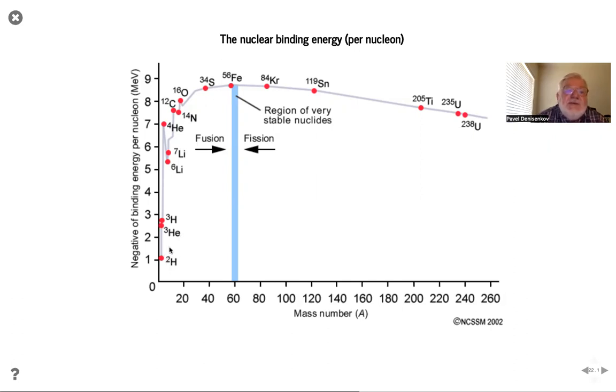Then on the main sequence, we have hydrogen burning, which makes helium-4. Most of the energy, as you can see, is released during hydrogen burning, which makes helium-4; almost the entire binding energy can be released during hydrogen burning.